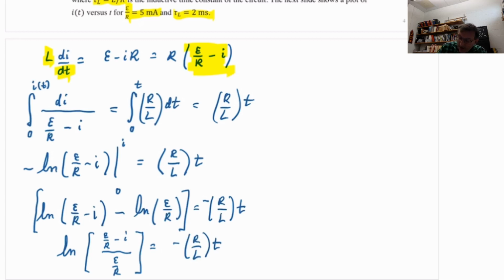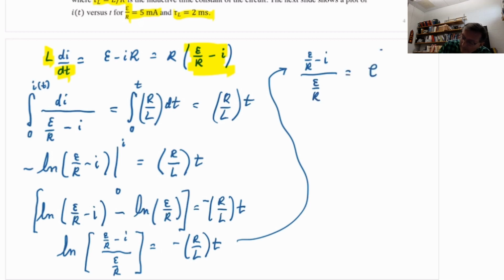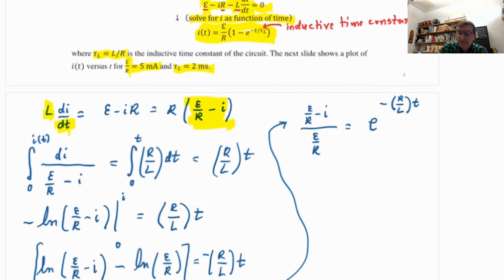Then I want to solve for I, so let me take the anti-log of each side, the exponential. Like that. All right, and then I'm not going to do this last step, it's just algebra.